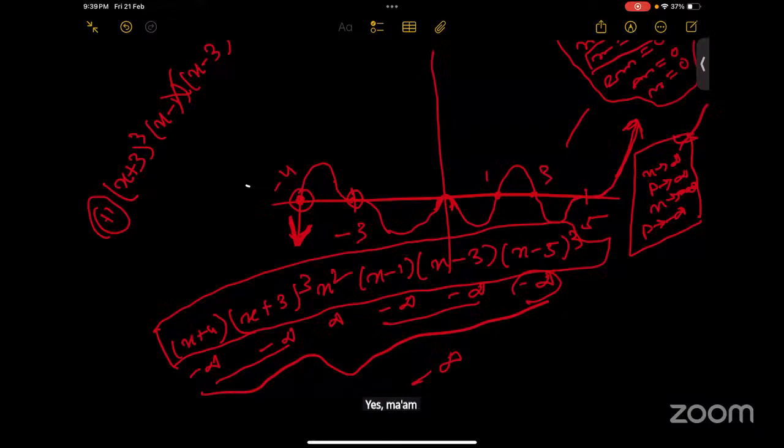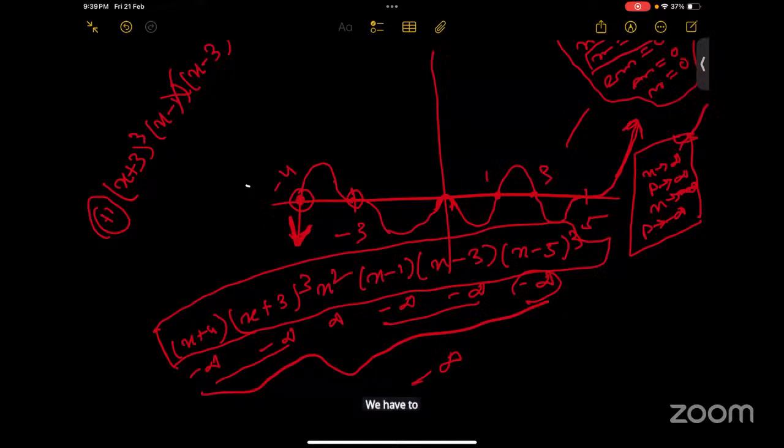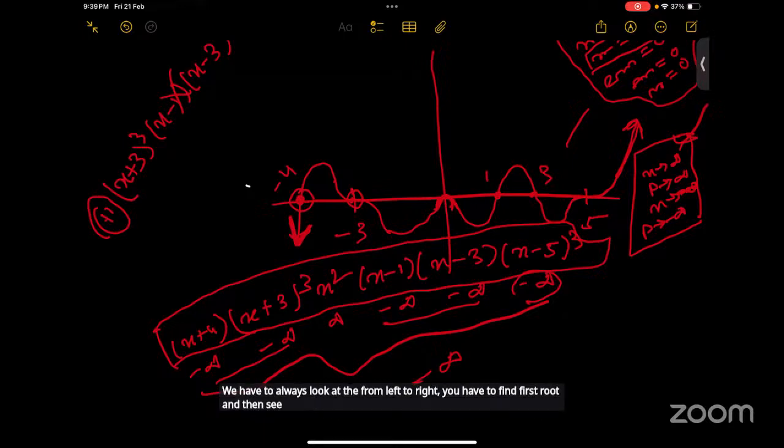One question, ma'am. When you are identifying the powers, we have to always look from left to right. You find the first root and then see the behavior of the curve against that root. Right? That's my understanding. Yes.